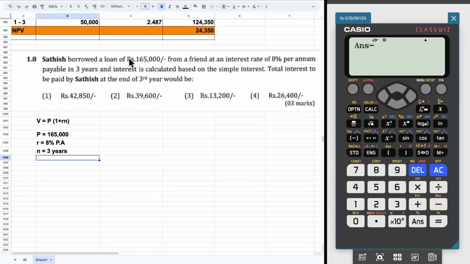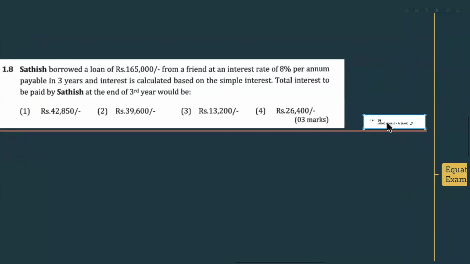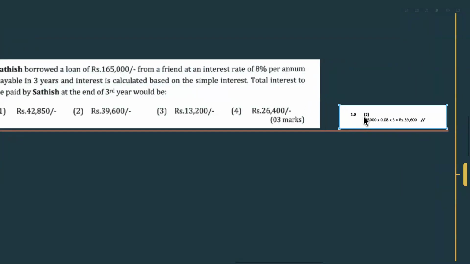So take away the 165,000, that is your initial loan amount. So 39,600 is going to be the interest amount, that is the second one. So the second one is the answer. Very simple question, my dears.